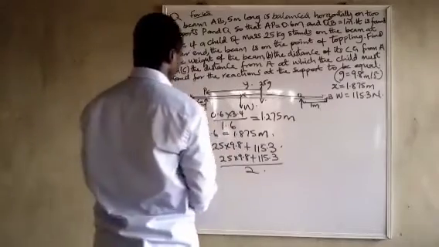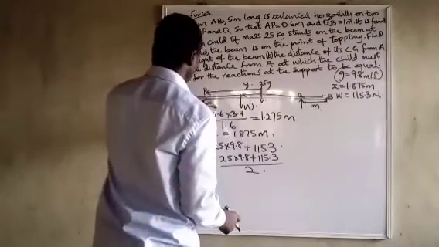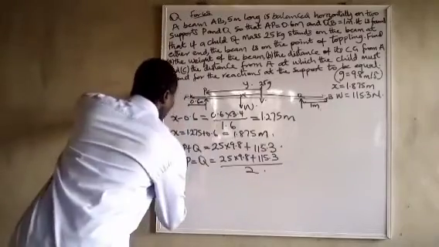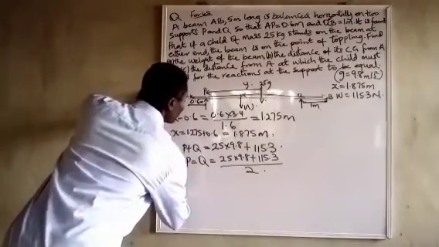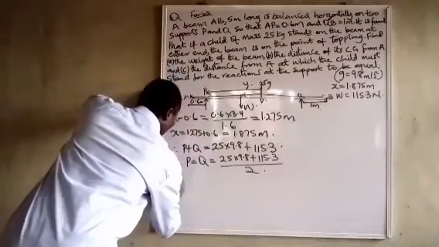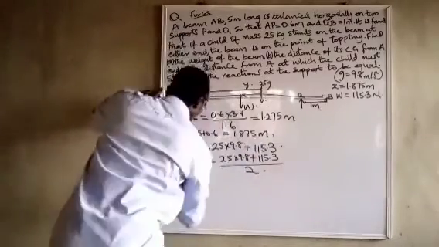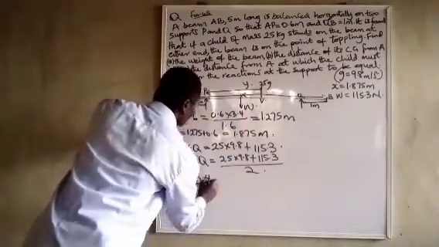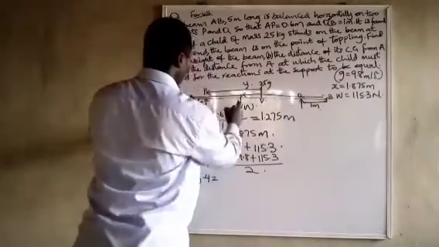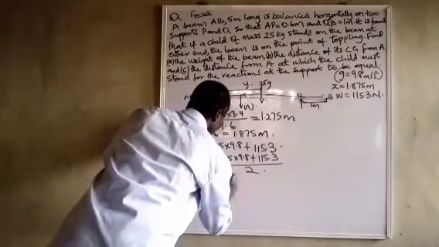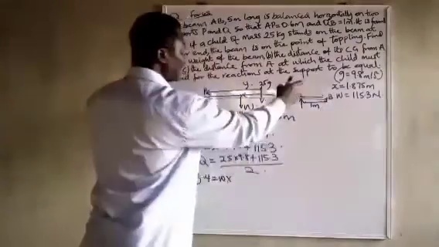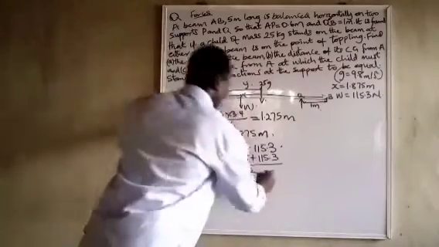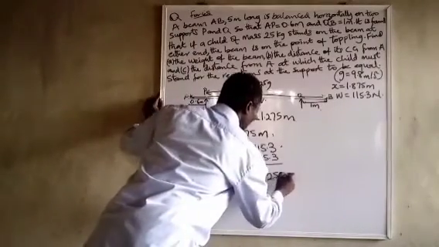We will now be able to get our moments. Let's take moments about P. We have this force Q times the distance from here to here, which is 3.4, equal to W times the distance here, 1.875 minus 0.6, that is 1.275, plus 25g times y.